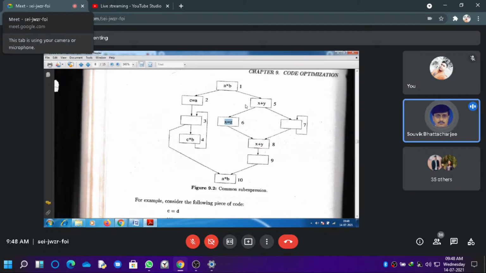So the value of X plus Y is not the same. But A star B is not modified anywhere. You are using the value of A or B here, but it is not modified. That is the common subexpression. Block 1 and block 10 have the common expression A star B. The same thing is applicable for X plus Y. Clear?